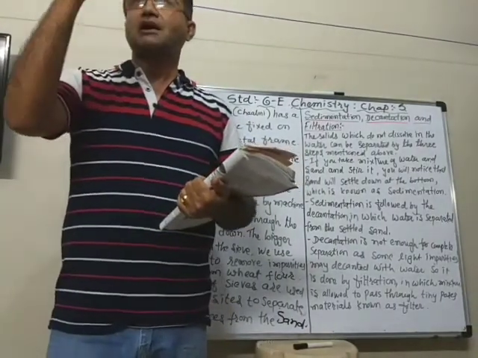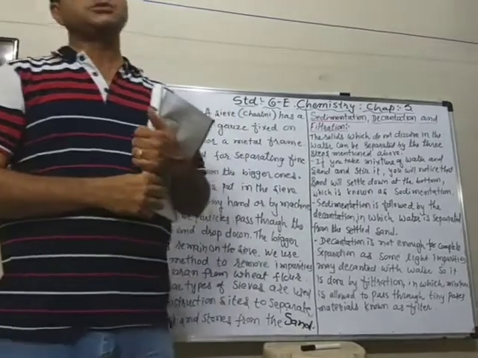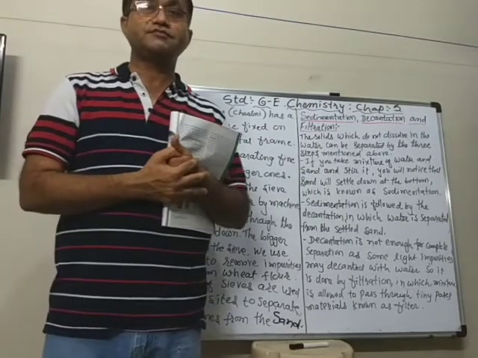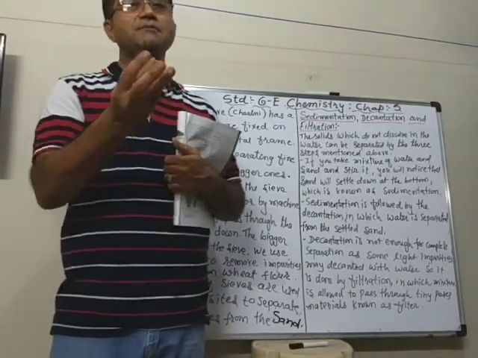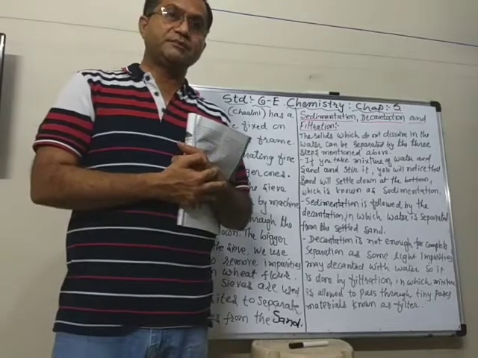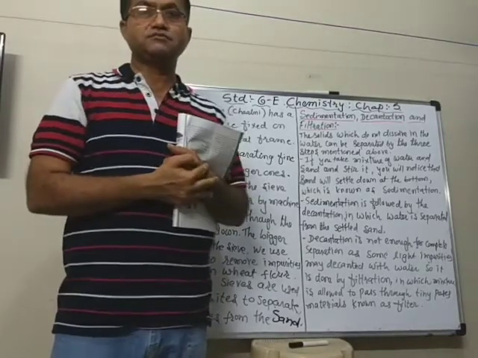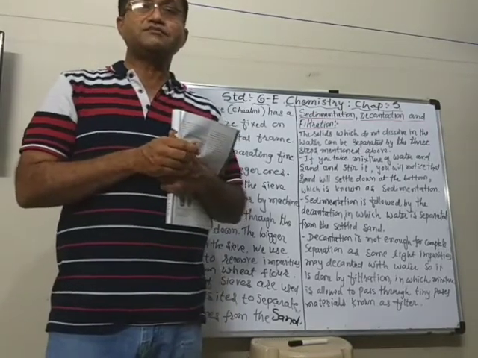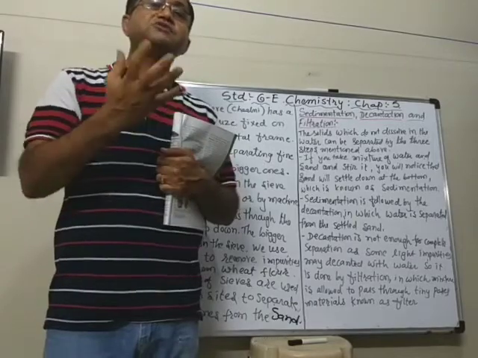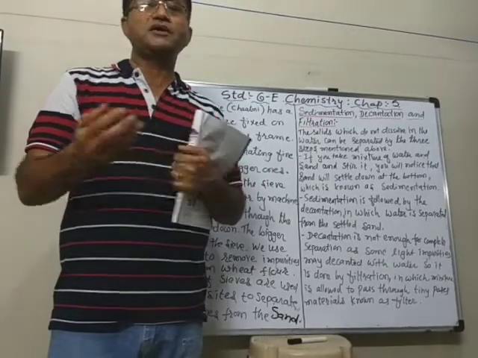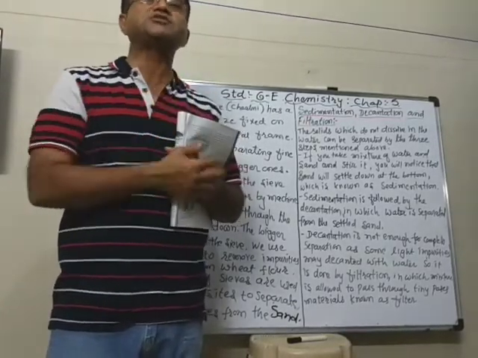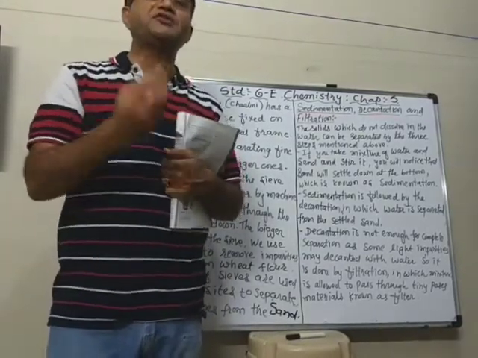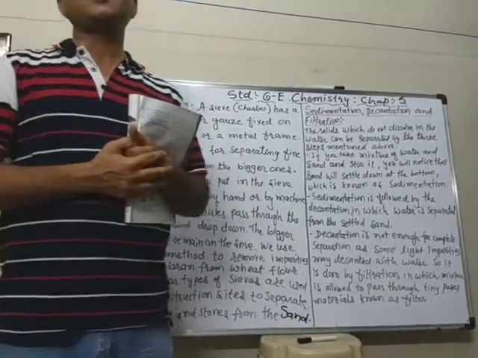Sometimes nowadays it is used to separate different sizes of coins, like when in the big temples people put their money, they have different sizes of coins. Then modern sieves are made for separation of different sizes of coins also, so that they don't have to separate them by hand, otherwise it takes a long time.